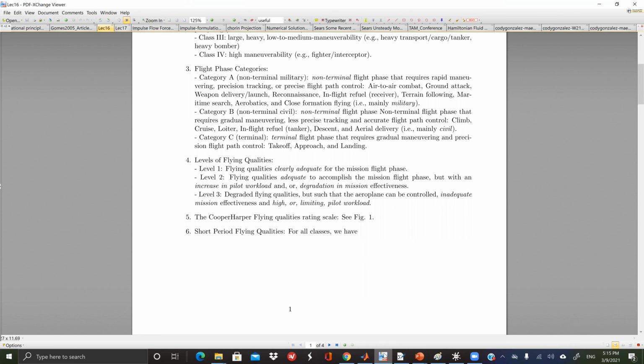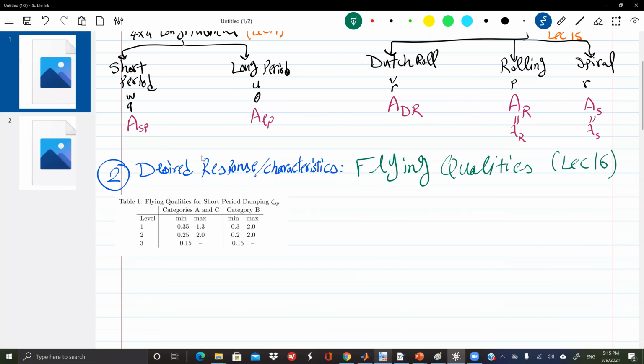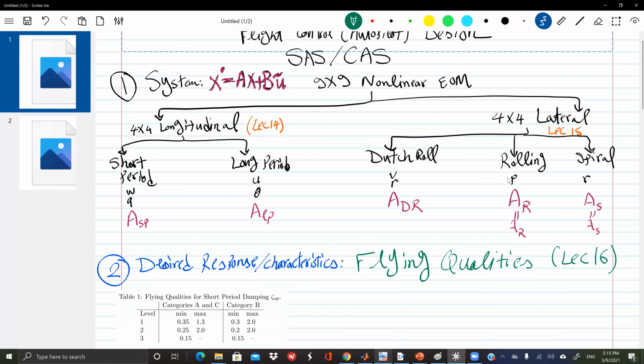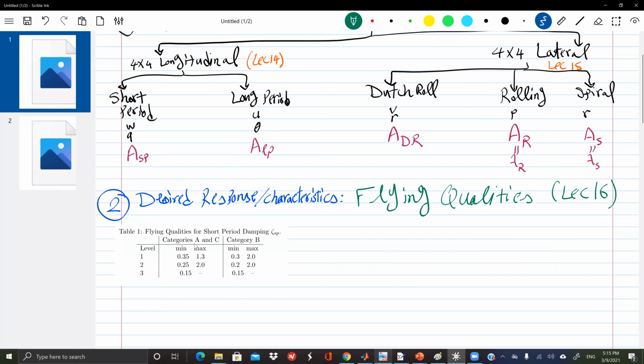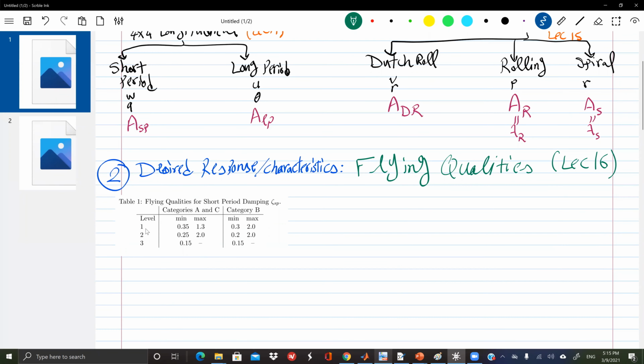And now we have these tables, a table for each of these 5 systems. So given a system, what is the desired response? These are the levels of flying qualities, the pilot's grading for the airplane. 1 is the best, 2 is okay, but it's an increased pilot workload. 3 is inadequate to perform the mission.